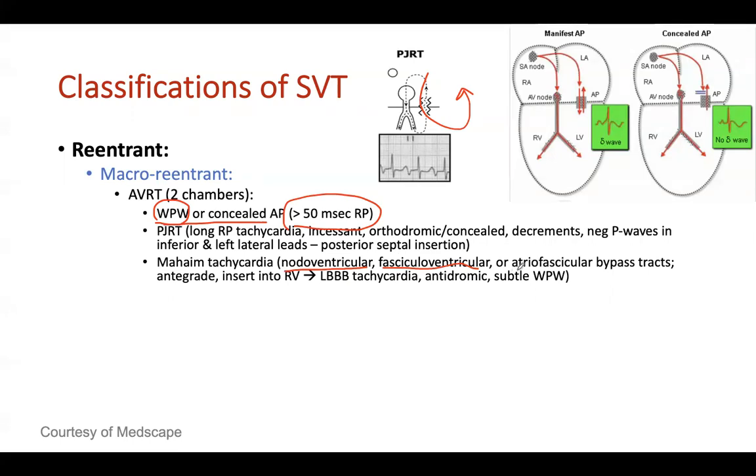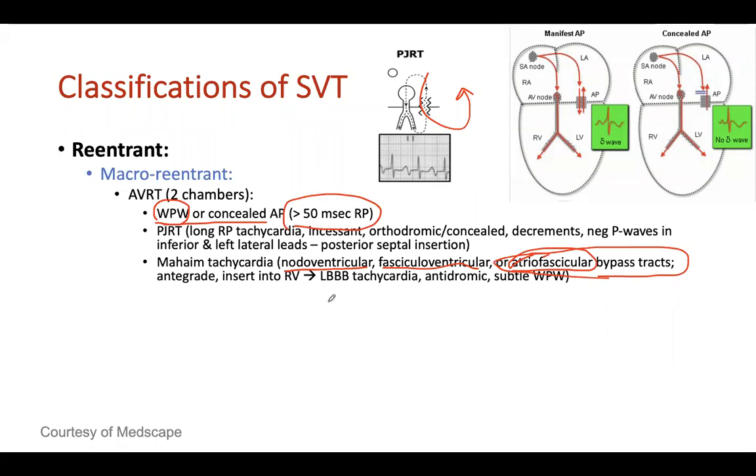And this is because it's atria into right bundle, so it bypasses your AV node. This is the bypass tract that might cause people trouble, because if you have an AFib, that bypass tract might conduct rapidly into the ventricle.